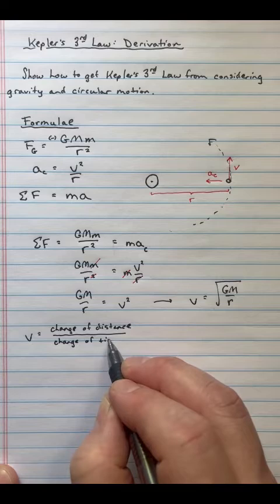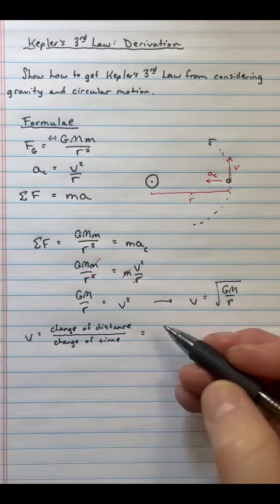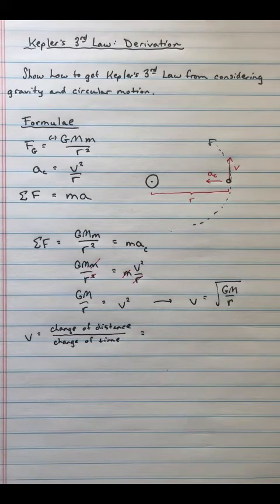In other words, if you want to calculate an average speed, simply find the distance you travel, divide by how much time it took you to get there, and you get your average speed. And we're assuming because of circular motion, the speed will be the same the whole trip. It won't be changing. Now again, this turns out to be a simplification, but it doesn't matter in the long run. If you do this the long way around, you still come up with the same result. But that's what we have here.